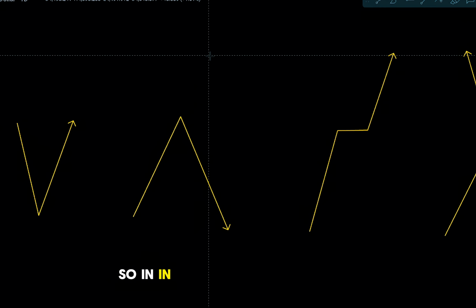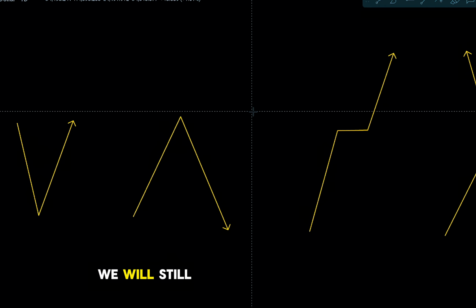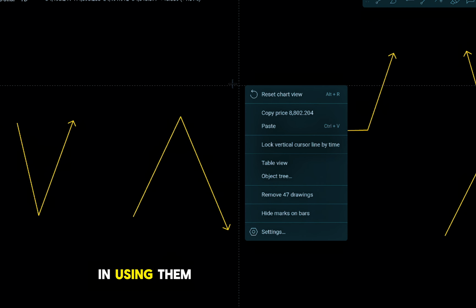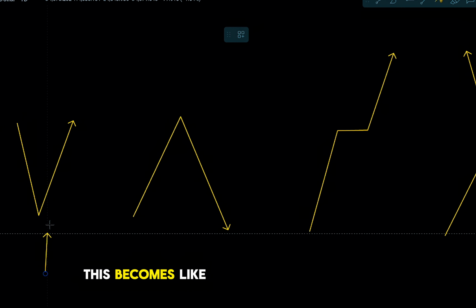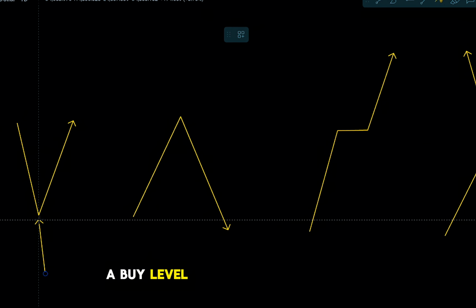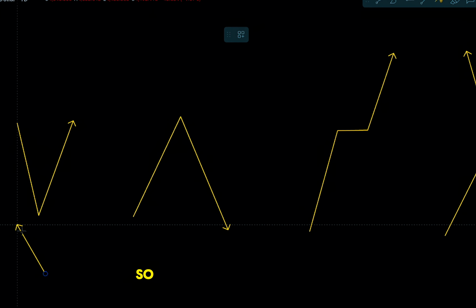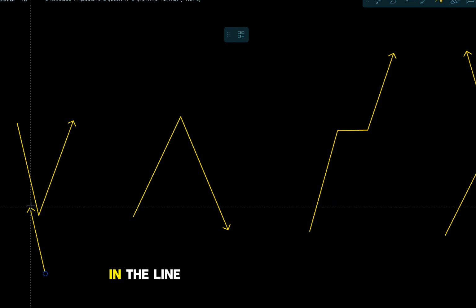So in this page, you can see now this is using the line chart. We will still use the chart to be able to identify them, but this is the line chart in using them. So we have this one here. This becomes like they call it the V level, which becomes like a buy level. It looks like this, and this becomes our classic level. So this is an example of looking at the classic level in the line chart.